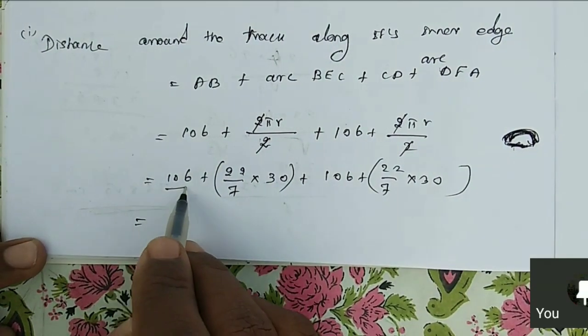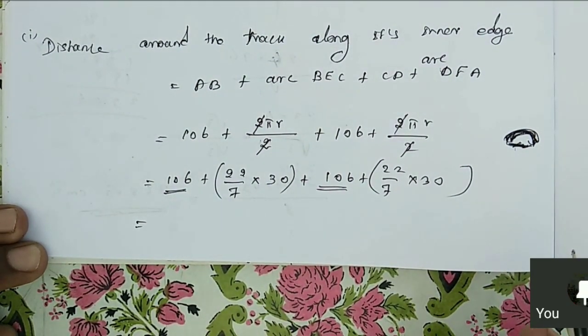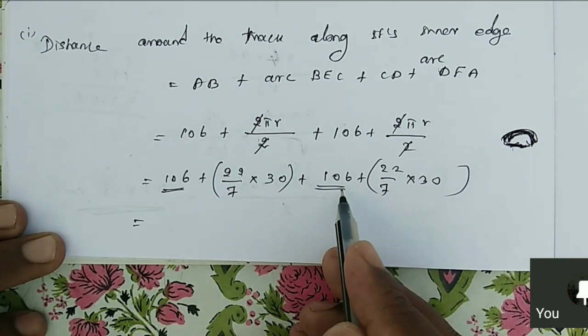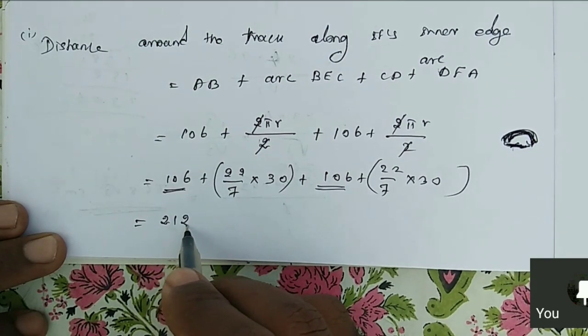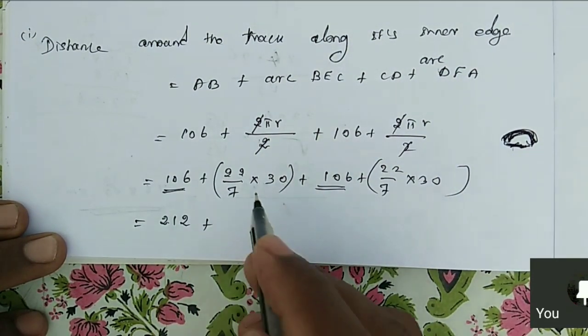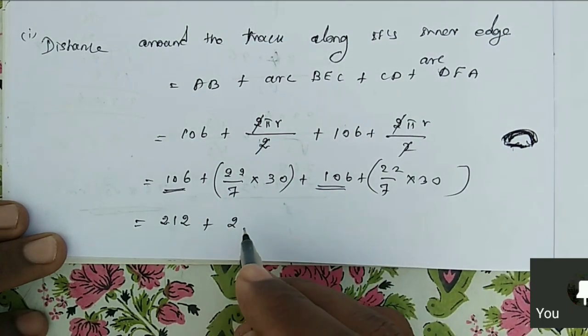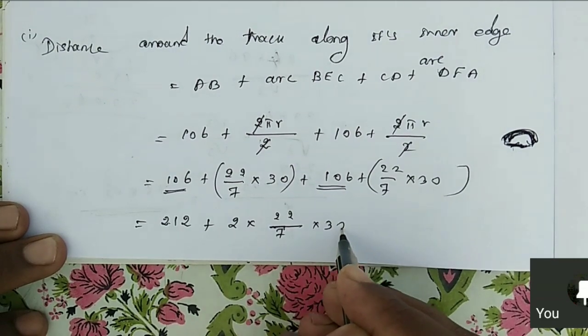Now we can add 106 plus 106. What is it? 212. 212 plus. Now here 22 by 7 into 30 one time, here also one time. So 2 times 22 by 7 into 30.